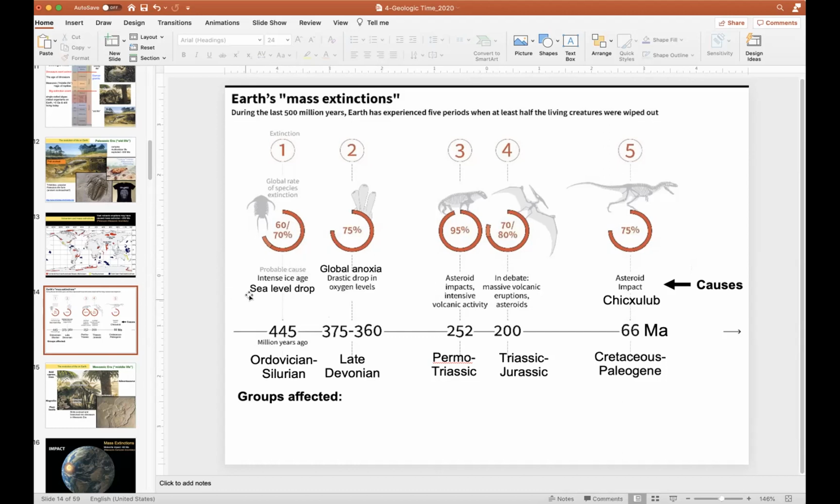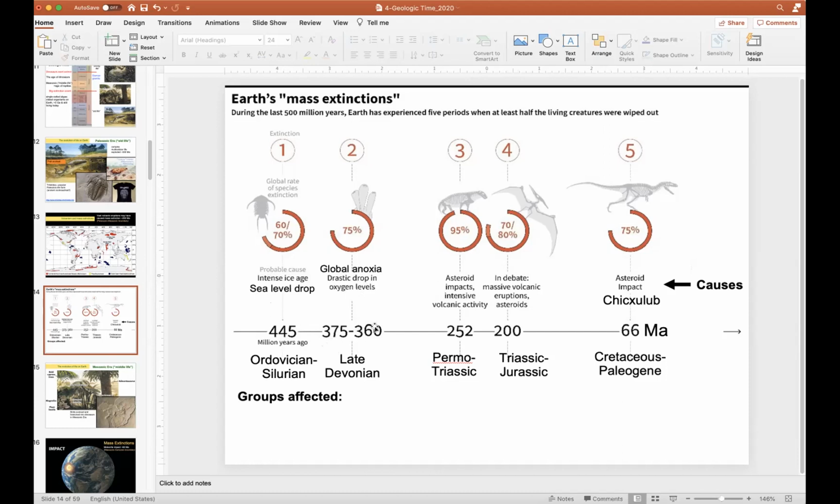And the cause here was probably a major ice age that corresponded to some sea level drop. And so some things would die off in the coastal regions where sea level drops and they lose the seawater that they once lived in, especially if they're stuck in place and they can't move. They don't walk, they grow on a rock, for example, like a barnacle. So that probably triggered that one.